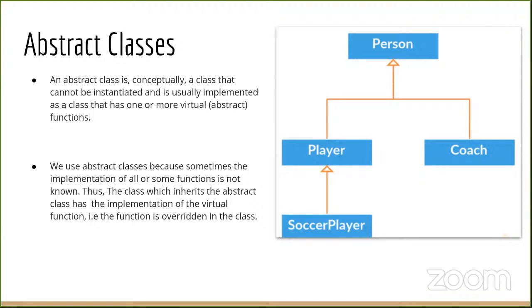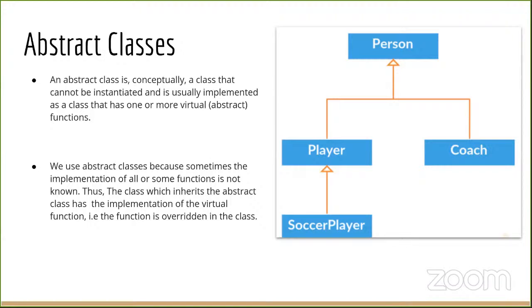If there is a virtual function in a class, then it will be considered an abstract class. We use abstract classes because sometimes the implementation of all or some functions is not known. So the class which inherits the abstract class has the implementation of the virtual function. That is, the function is overridden in the class.